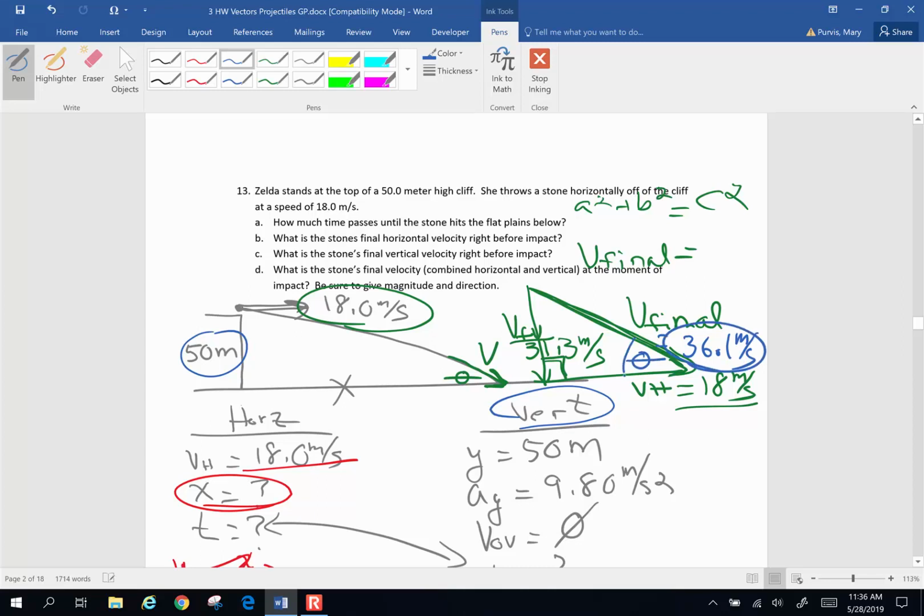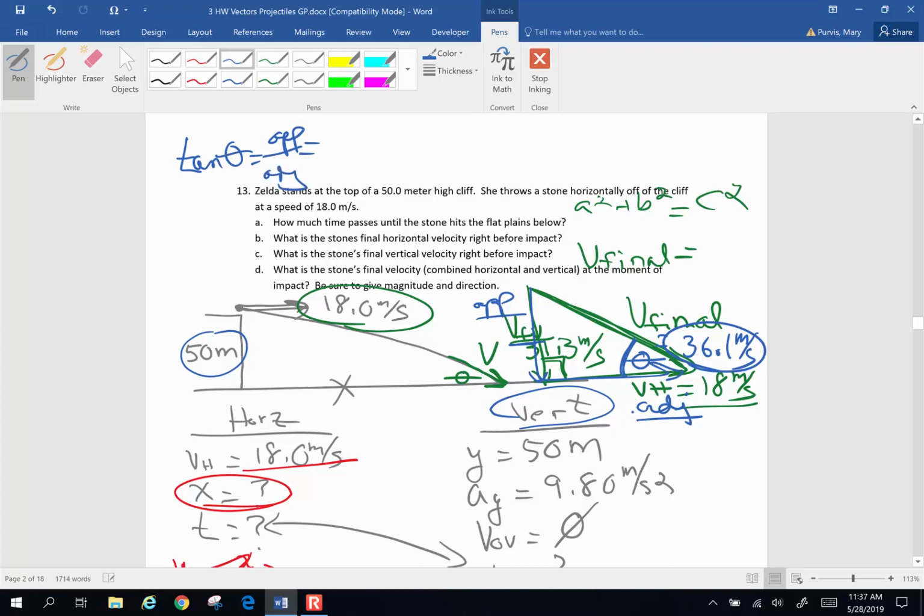They want to know the angle. How am I going to find the angle? The angle is found from this velocity vector triangle, where the horizontal velocity is the adjacent side and the final vertical velocity is the opposite side. If I have adjacent and opposite, I'm going to use tangent. The tangent of theta is the opposite over the adjacent.